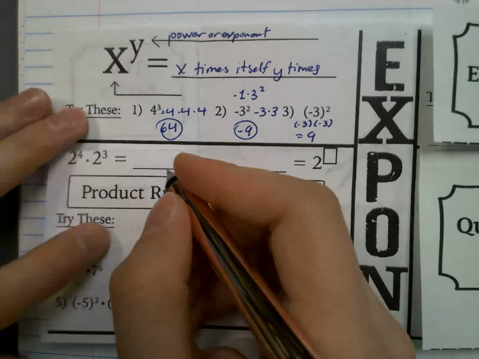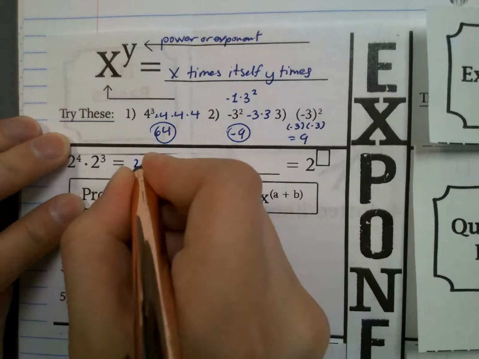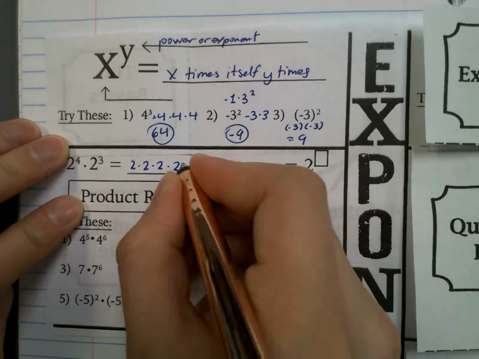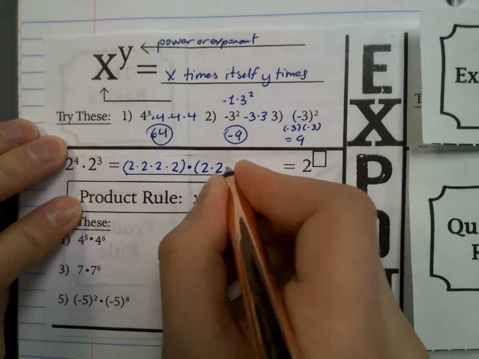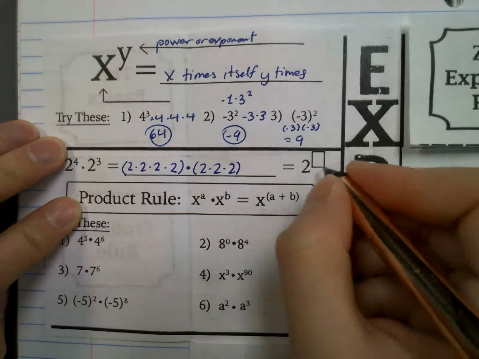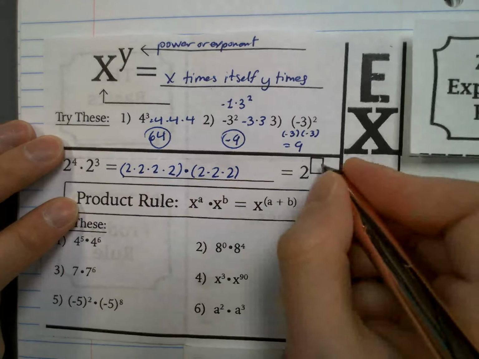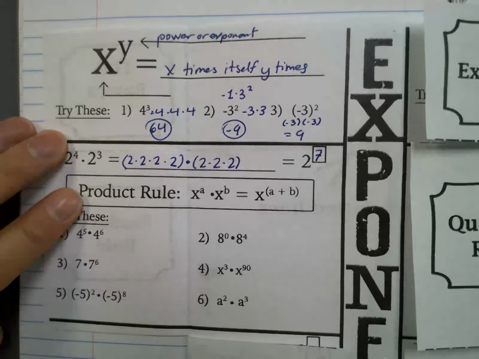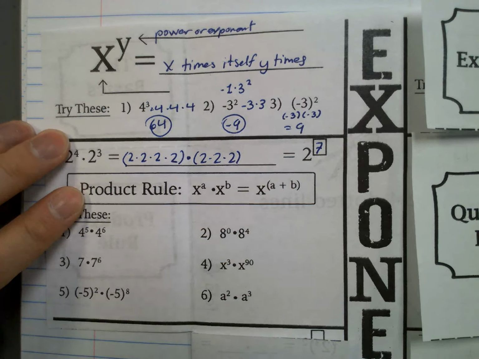Okay, so in other words, if I have 2 to the 4th, that means I've got 2 times 2 times 2 times 2 times, I'll put this in parentheses just so we can keep it together, and then we have 2 times 2 times 2 over here. That means that we have 1, 2, 3, 4, 5, 6, 7 of them total. Okay? You're counting the number of 2's, and that gives you the total exponent. Does that make sense? Okay.